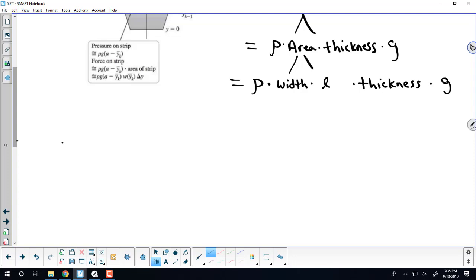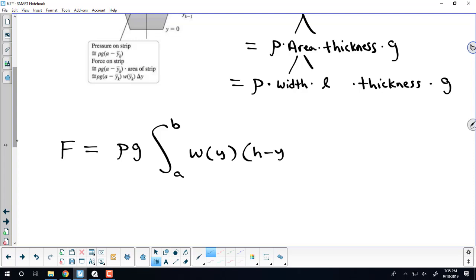Okay, and so we'll write the force. I don't think I've put this in your notes, but the force again is density times gravity, integral from a to b, of the width function, the width of your cross sections, times the height or length, still h minus y, from the top of the dam to the cross section itself, times dy.